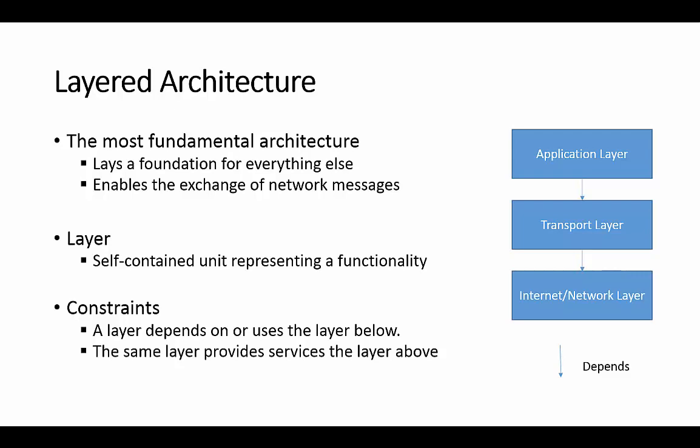To illustrate this point, I have this diagram in the PowerPoint slide, and as you can see, the application layer depends on the transport layer, and in turn the transport layer depends on the internet or network layer, and we'll discuss more about what each layer does in the remainder of this lesson.